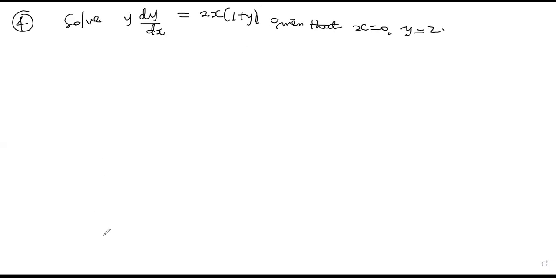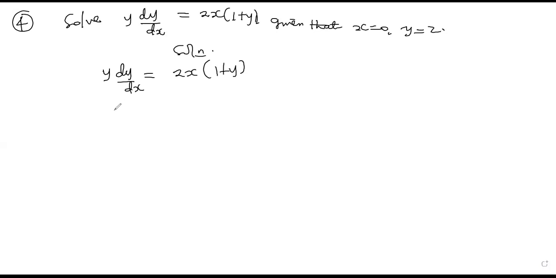So for this case, of course, we are having y dy dx is equal to 2x(1 plus y).